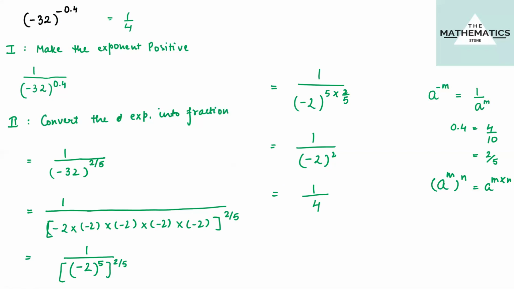Alrighty. Now I'm just going to write some generic rules for your reference. See guys, if you have any integer a raised to exponent m over n, this can be written as a raised to 1 over n, complete thing raised to m.